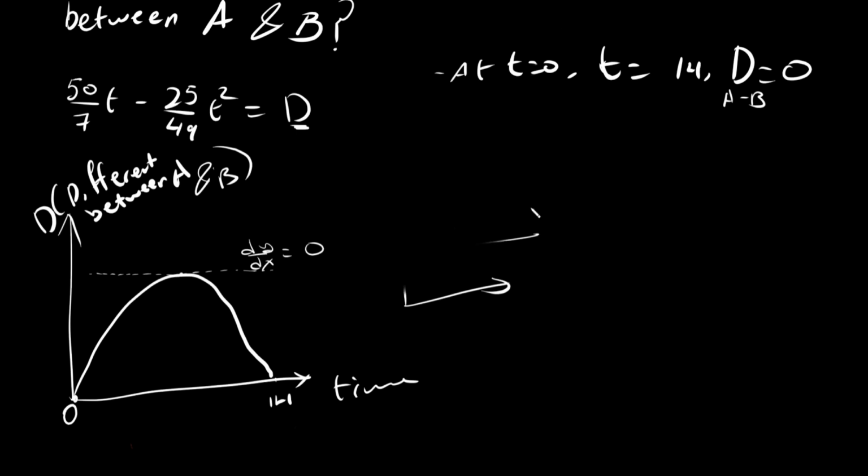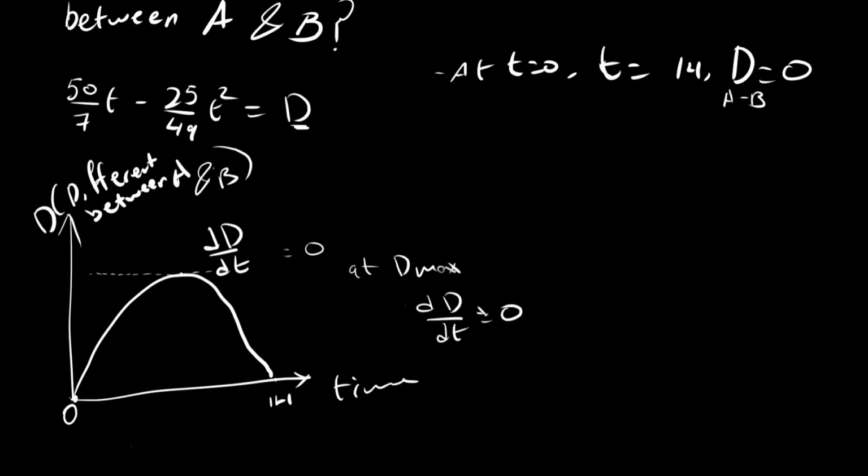It's the same thing: at D max, the derivative of D with respect to t, dD over dt, equals 0.